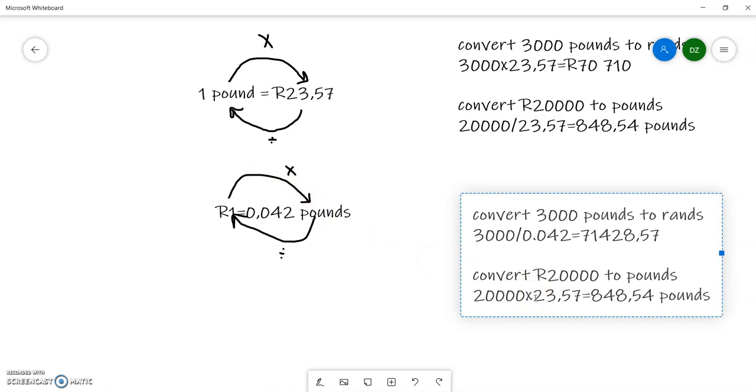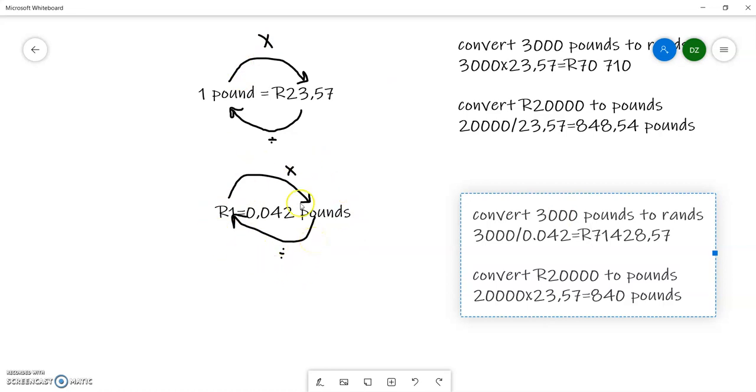If I have 20,000 rand and I times by 0.042, I'm now going to get 840. So I've lost 8 rand there, or 8 pounds, and that's again because of my rounding off. So what resulted in the change of operations? Well, it was the change in my currency.